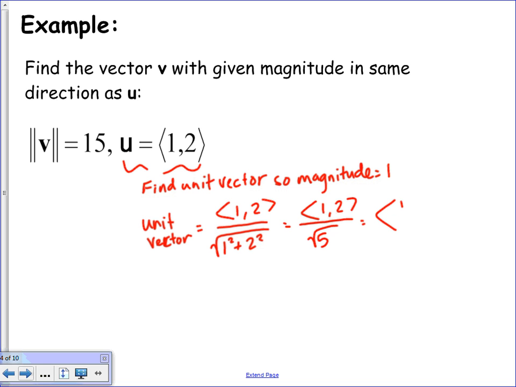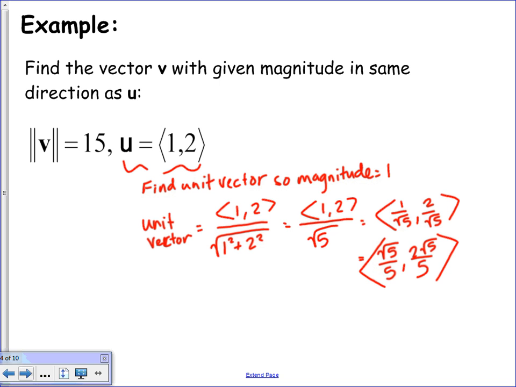I could write that out as 1 over the square root of 5, 2 over the square root of 5, and then rationalize my denominator. So we get square root of 5 over 5 and 2 square root of 5 over 5. That's the vector that has a magnitude of 1 and goes in the same direction as u.